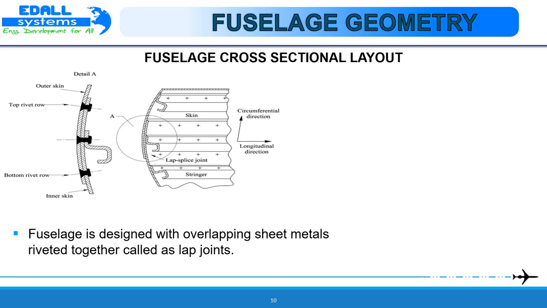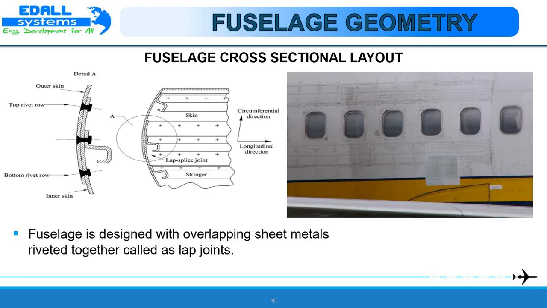Fuselage cross-sectional layout. The contemporary transport aircraft fuselage is a skin structure supported by frames and stringers. The skin and the stiffening elements carry the flight loads, including those due to cabin pressurization. The stringers are joined by riveting, bonding, or spot welding directly to the skin.